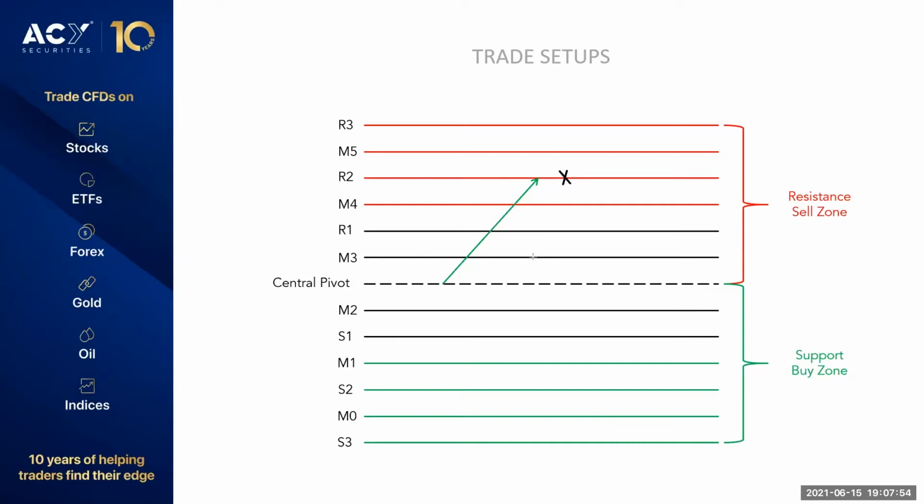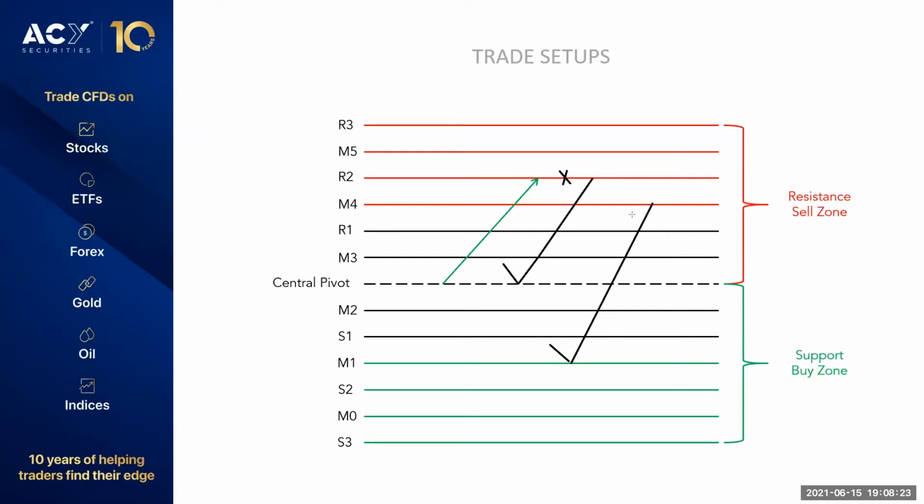Okay, ideally for myself, I like to be looking for trade setups that are commencing, might be moving down to the central pivot point, and then I see a trade setup moving up off the central pivot point up into the resistance sell zone to take profit. Ideally, in a perfect scenario, I'd much prefer to be executing a trade down here as price turns around in the support buy zone, and then trading up this way.